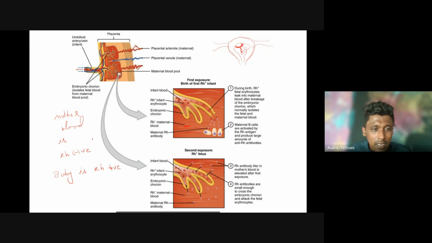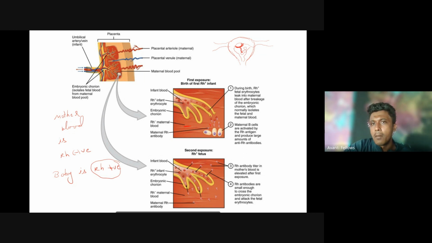Why? Because baby is positive, right? So it has antigen. So it starts producing antibodies against it. See these Y symbols, they are antibodies that are sent against the baby's blood to fight. So when these antibodies are produced in excessive amounts, they start attacking the baby's blood, so that the blood starts agglutinating and forming clumps in the infant's blood vessels. So that will lead to a hemolytic blood disorder in the infants.